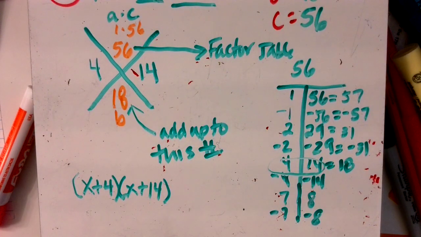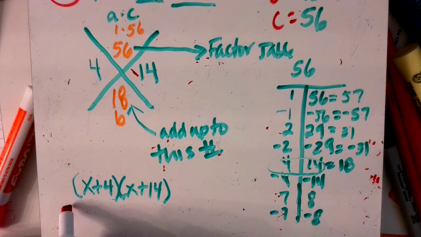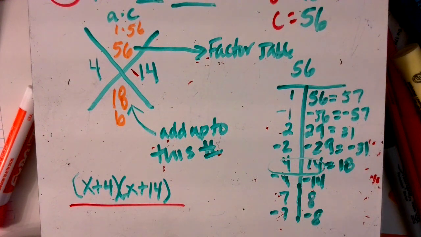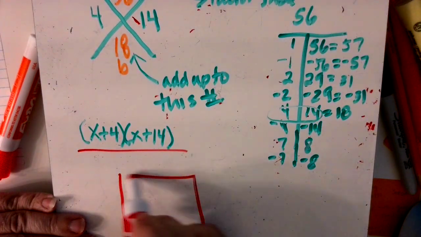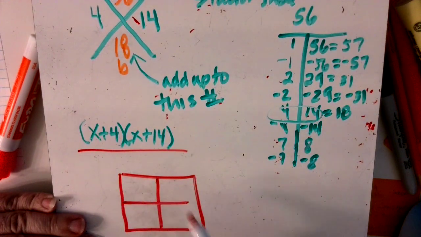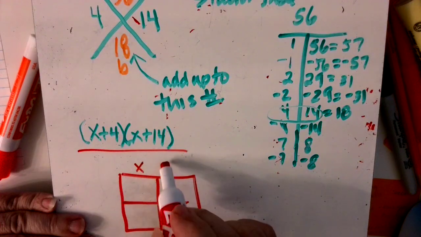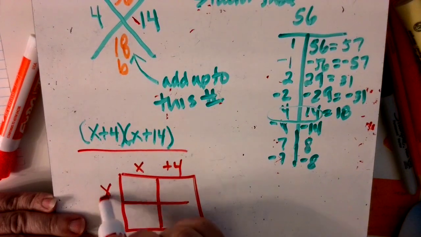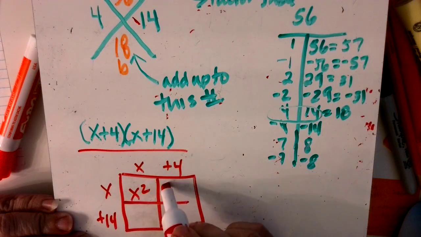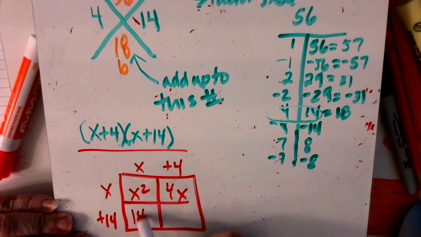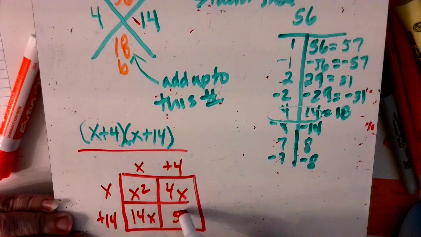Now, you could always check your answer. I'm only going to do it for this one. So let's say this is the answer you got. You can multiply. So make your box. I'm going to have x plus 4, x plus 14, and then fill in the boxes. So this is x squared, 4x, 14x, and then 56.